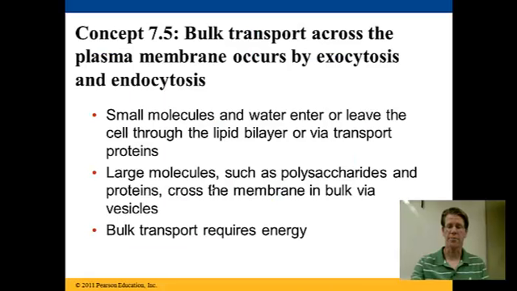All right, so bulk transport: moving big stuff through exocytosis and endocytosis across the cell membrane layer. If it's a small molecule, it can pass through channels.